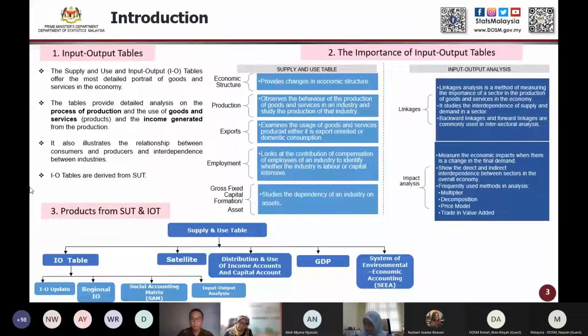So from the IO table, we can get the extension products. They are input-output update, regional IO, and also social accounting matrix SAM, and also input-output analysis.